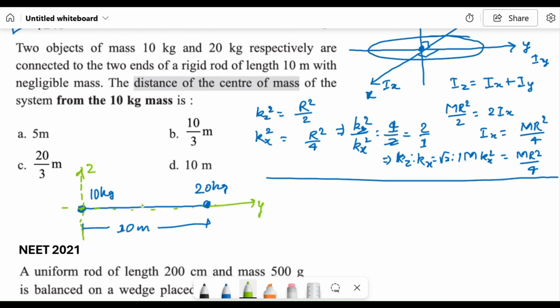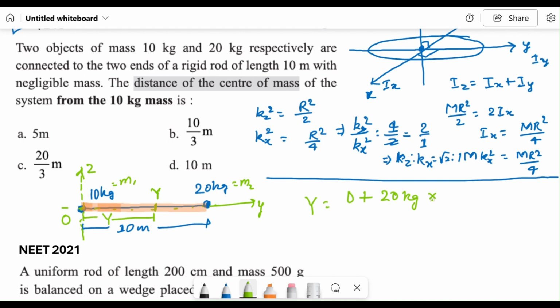Let's say the center of mass is at a point whose distance is y. So y equals m1 r1 plus m2 r2, divided by m1 plus m2, where this is m1 and this is m2. The body m1 is lying on the origin or reference point, so r1 is 0 and that term is 0. m2 is 20 kg into r2, and r2 is the length from here to here, which is 10 meter.